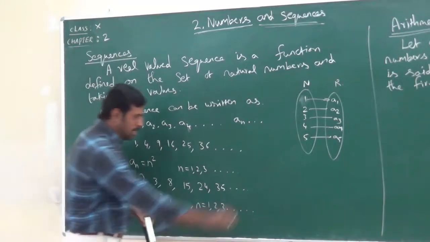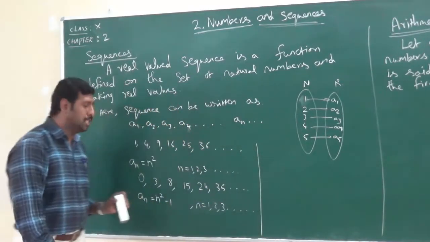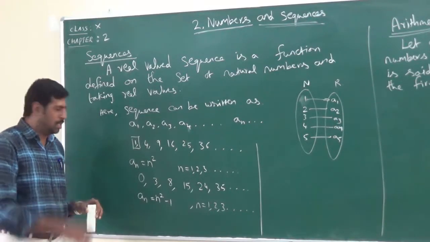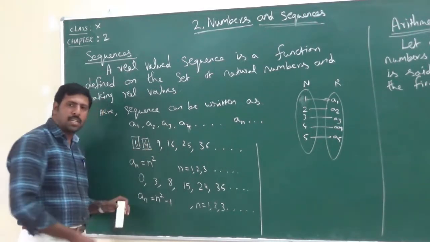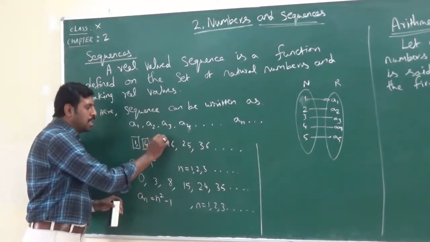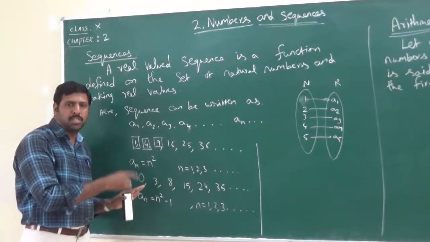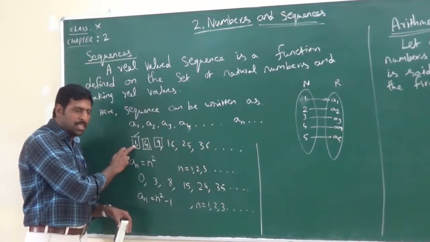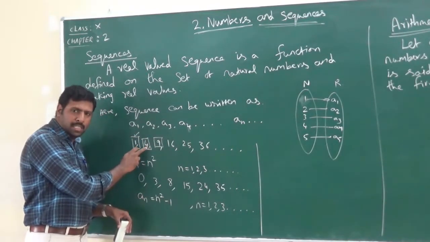The first position is called the first term of the sequence, and then the second position is called the second term of the sequence. The third position is called the third term of the sequence, up to the nth term. So the first term is in the first place position, and the second term is in the second place position.